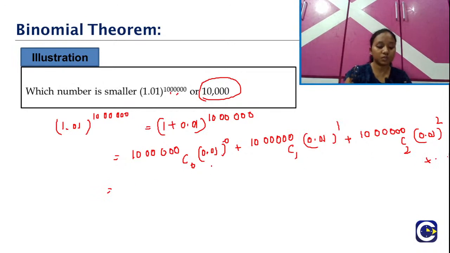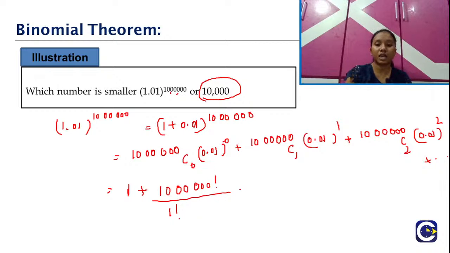So this one is power 0 and it will be 1 only, plus, so here it is 10 lakhs factorial by 1 factorial, and that by 10 lakhs minus 1 factorial, so it will be 9,99,999 factorial.